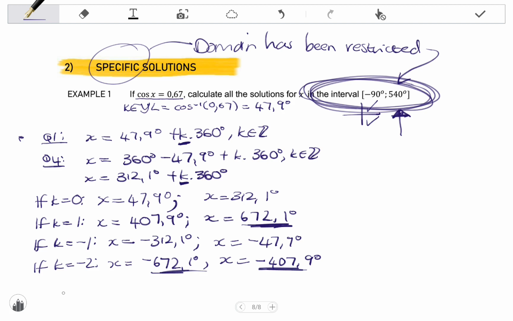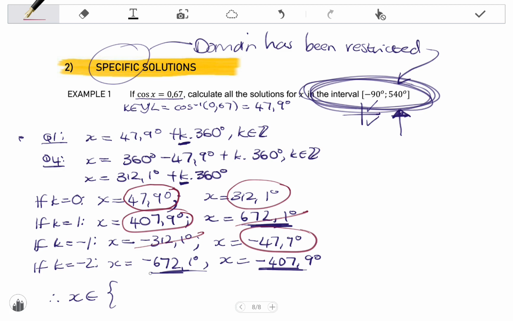So for my final answer, I'm going to write the set of x values that fall within the given domain. 47,9 falls within the domain, 312,1 falls within the domain, 407,9 does, 672 is way too big, -312 too big, -47,9 falls in the domain, and these are outside the domain.